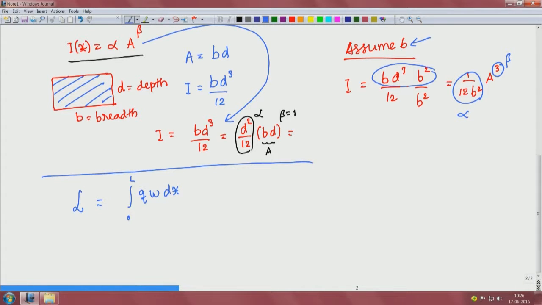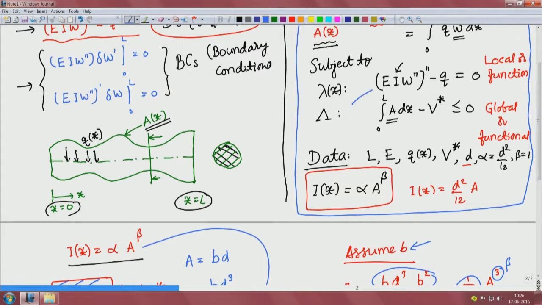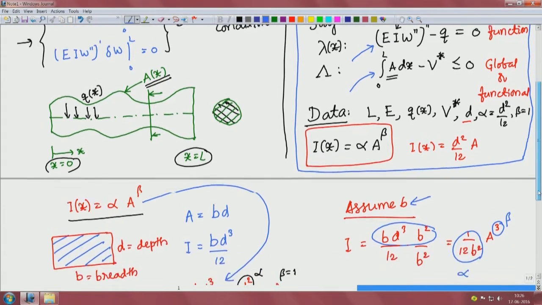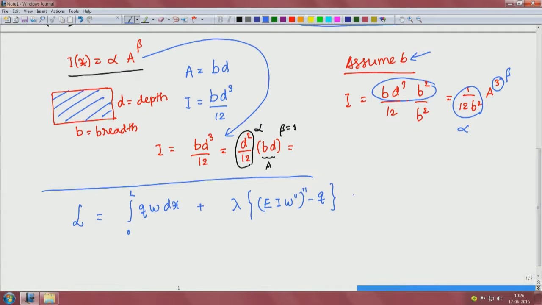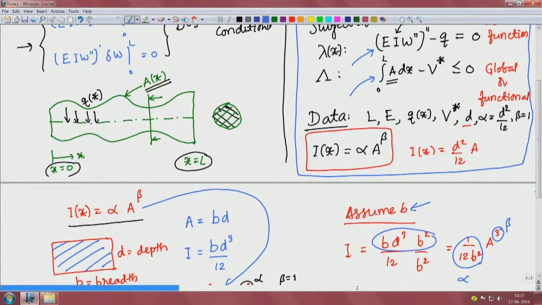One is a local constraint whose Lagrange multiplier is lambda, and we have to multiply that with the constraint itself, which is E I w double prime minus q. Again, if you want to look back, you can see what we have written. Similarly, we have to do it for the global constraint, where the multiplier is capital lambda, so capital lambda into A, because that is what is under the integral sign here, A dx.